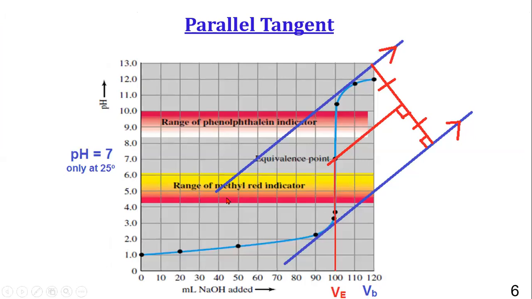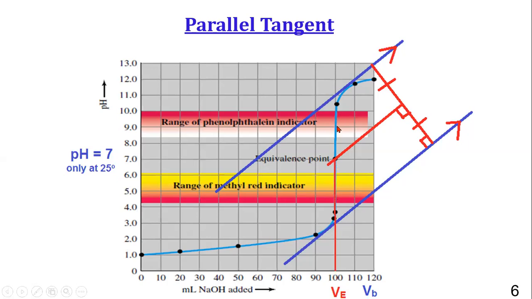At the same time, you could always have indicators inside your solution. For strong acid, strong base, I could use either, for example, methyl red or phenolphthalein. How do I know that I could use those indicators? Well, if the change in the indicator color occurs anywhere within the region of the sharp increase in pH value.